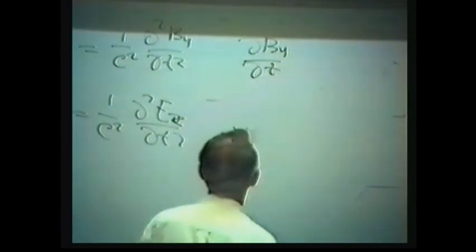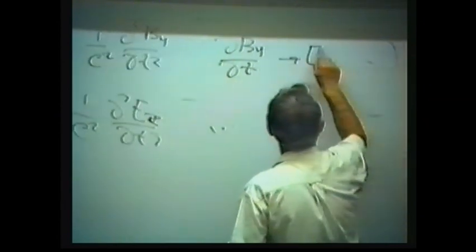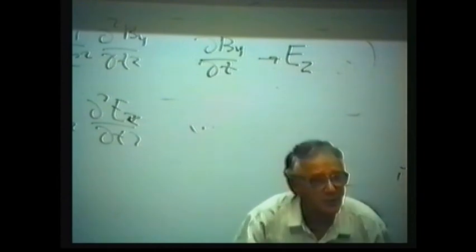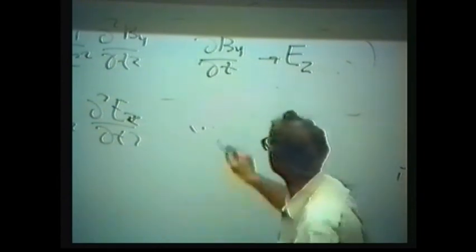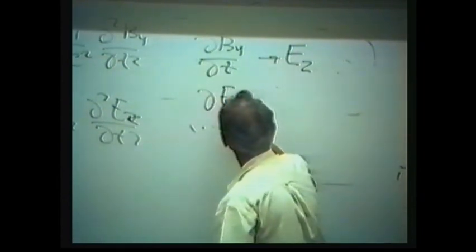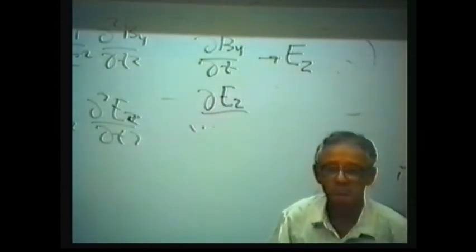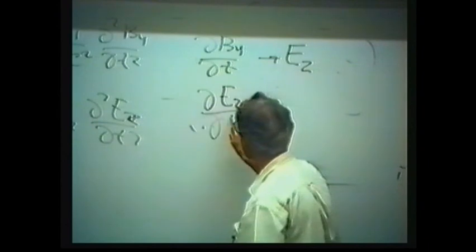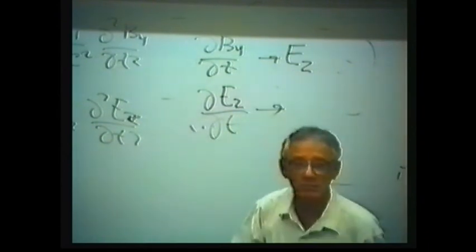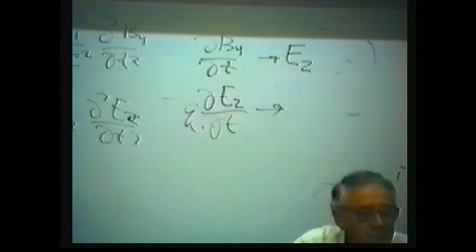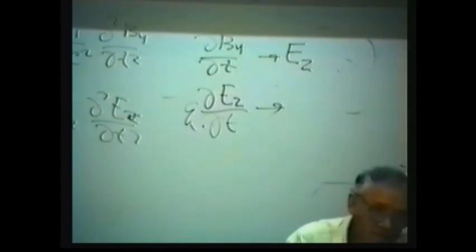An electrical field. We have another generator of the electromagnetic field, dEz/dt, times epsilon. What does it create? A magnetic field.